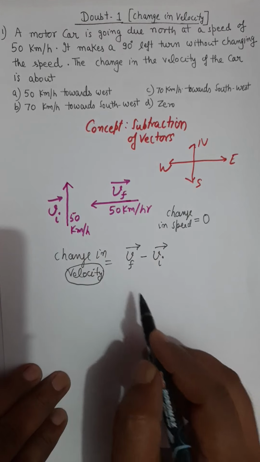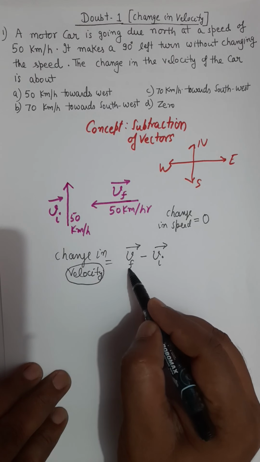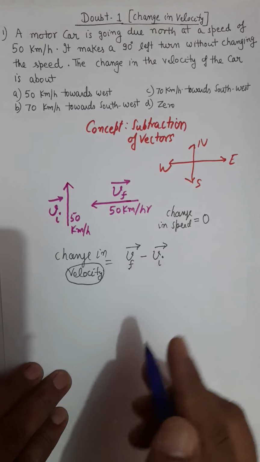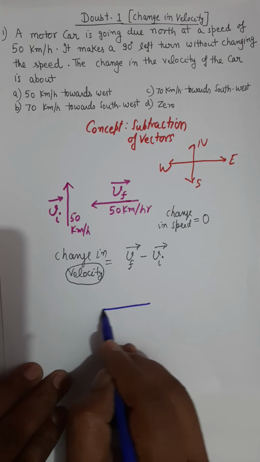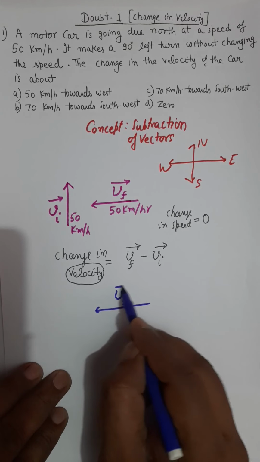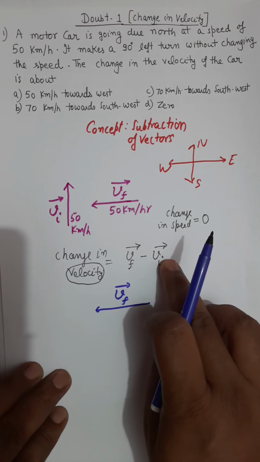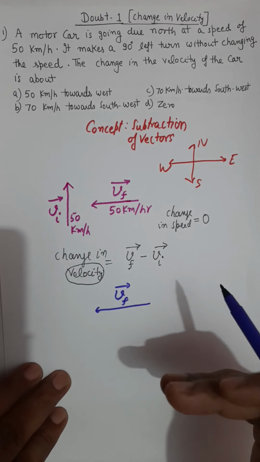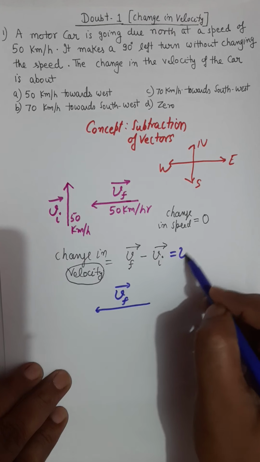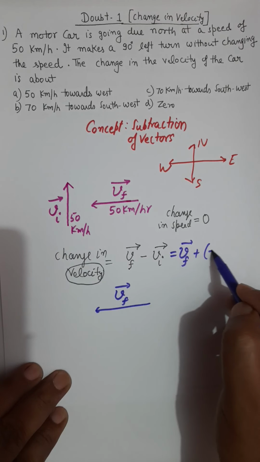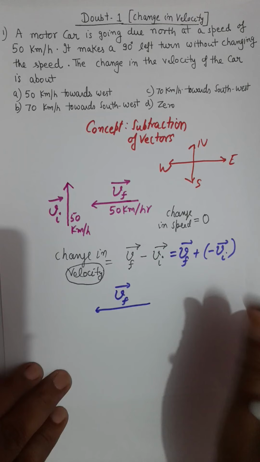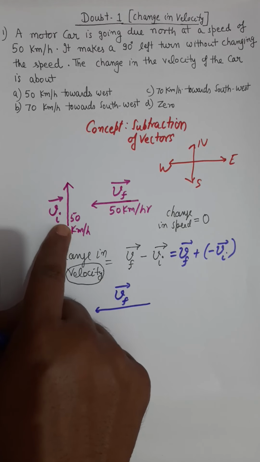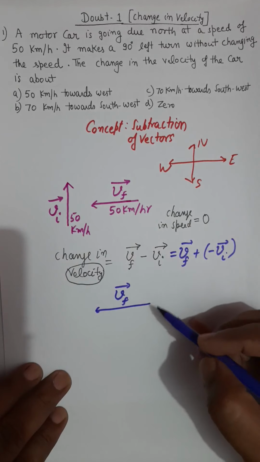So as a rule of subtraction, I will first draw this Vf vector, which is to the left side, and then to subtract Vi, you have to add negative of Vi, because this can be written as V final plus negative of Vi, and negative of a vector will be a vector of the same length but in the opposite direction.